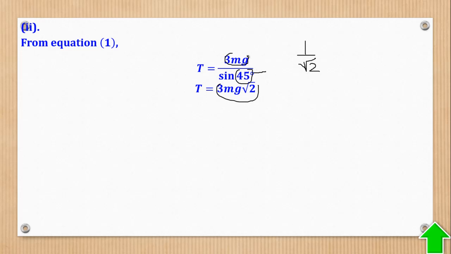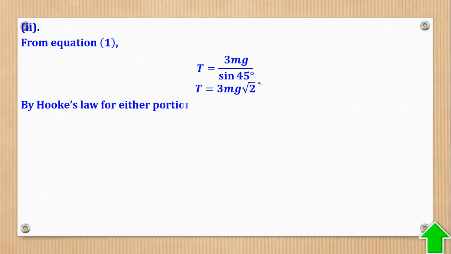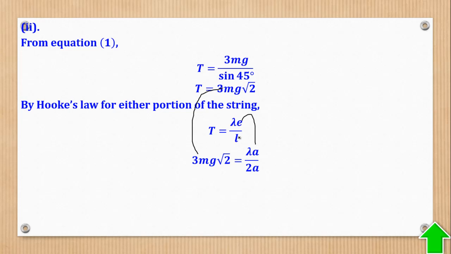Dividing by 1 over root 2, the root 2 comes up. Then by Hooke's law, for either portion of the string, tension equals lambda e over l. I've got the tension, I know the extension, I know the original length, so I can get the value of lambda, which is that, and that's what they wanted.